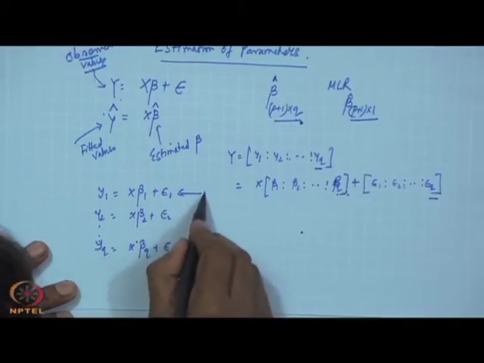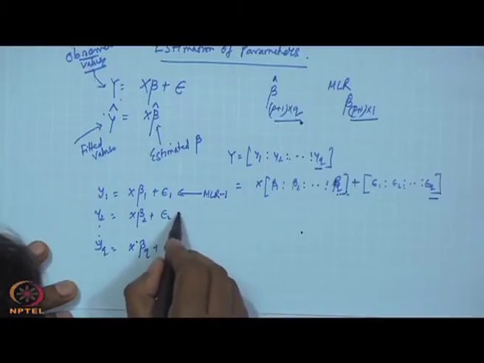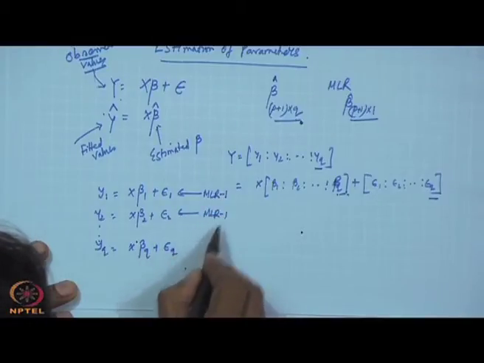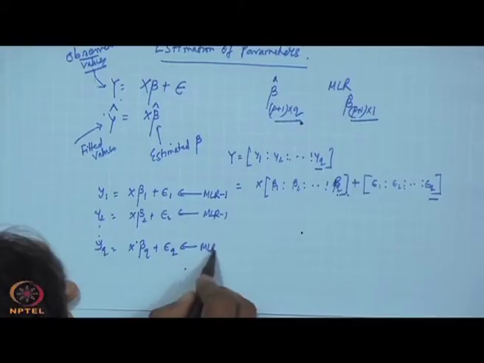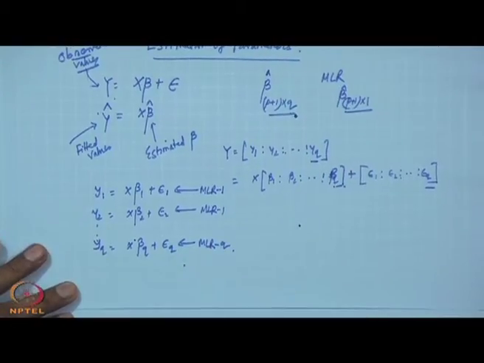So this is MLR 1, MLR 2, MLR q. So q MLRs are there.